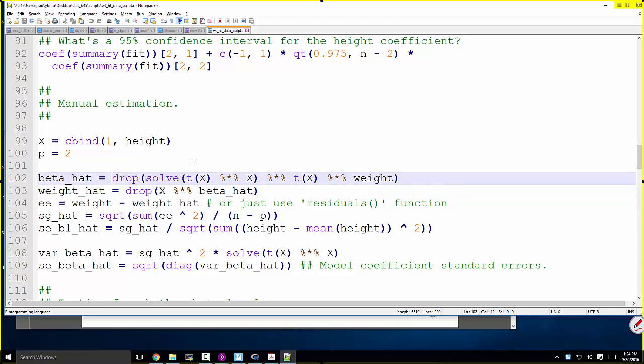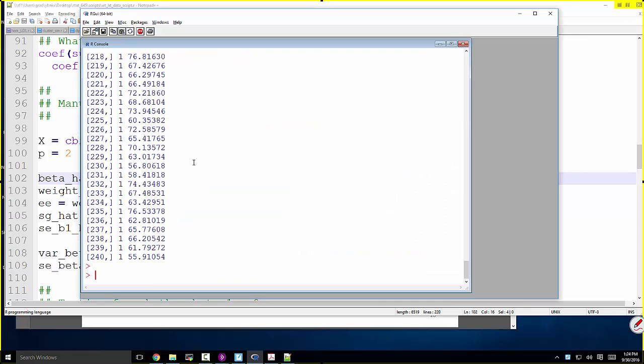I think it's fair to just ignore these instances of drop. Drop is a function that, if you start with a matrix or in particular a data frame and ask for one row or one column, will give it back to you as a 1 by however many columns array, not a vector.